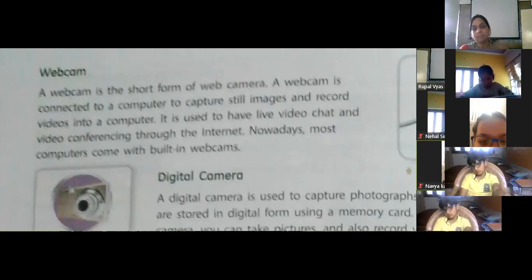These days we have a web camera in each and every device. It comes inbuilt in our devices, but in the previous years we didn't have such cameras with our devices, so we had to purchase another camera and install it to use it. So that is the web camera. We are using web cameras for video conferencing, for video chat, for video lectures, as you people are seeing and watching right now. So that is the use of the web camera.